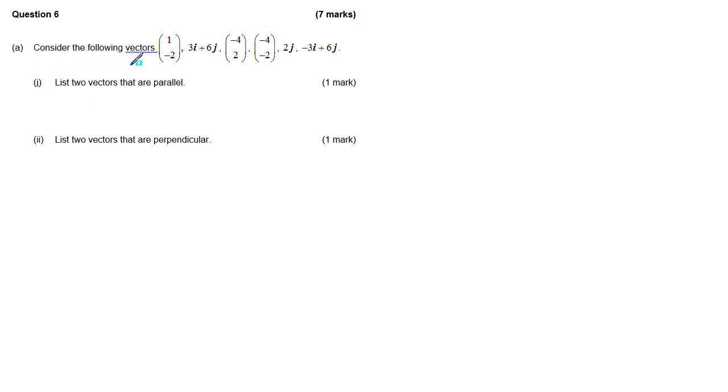Consider the following vectors. List two vectors that are parallel. Well, if they're parallel, then we should be able to write a is equal to kb, where k is a number.